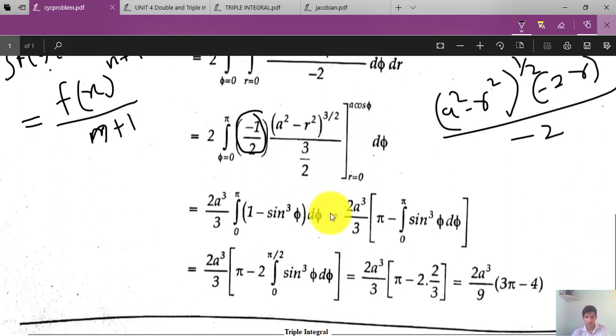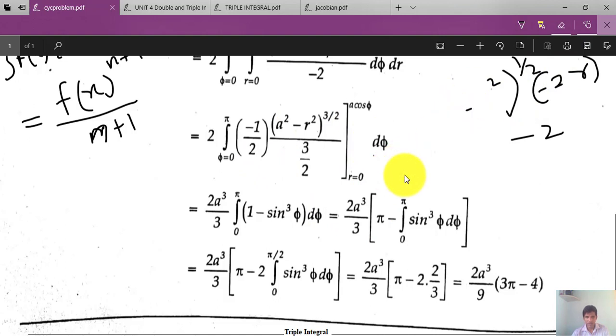Then after simplification, the 2 gets cancelled, this becomes 4, and therefore this value 1 by 2, this 2 gets cancelled, 2 by 3. If I substitute the upper limit, this turns out to be 1 minus sine cube phi into d phi, which is equal to 2a cube divided by 3 inside the bracket.